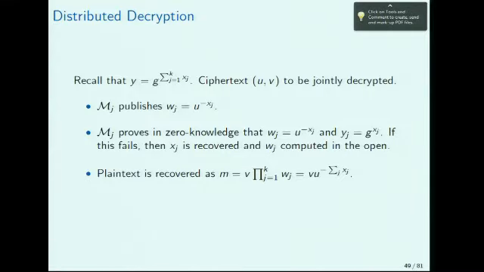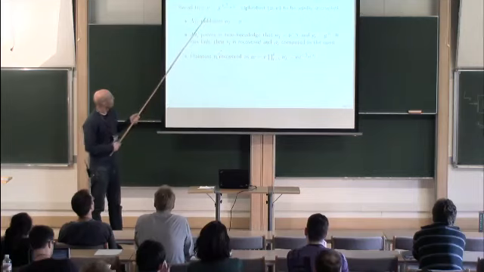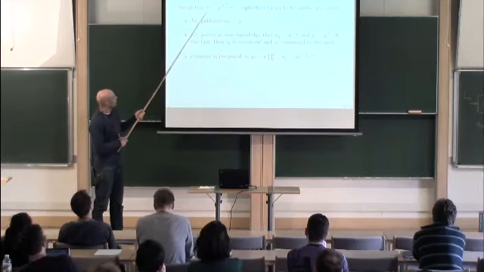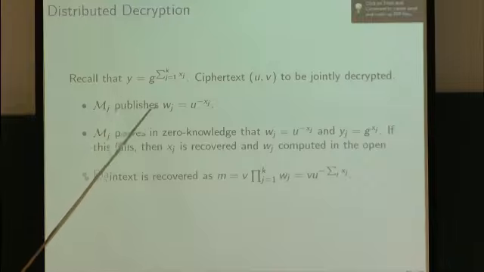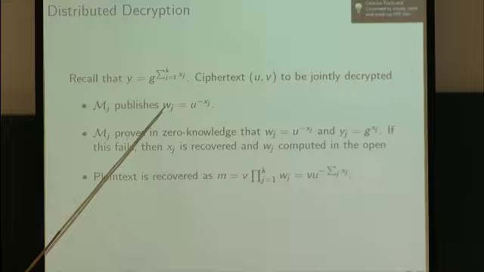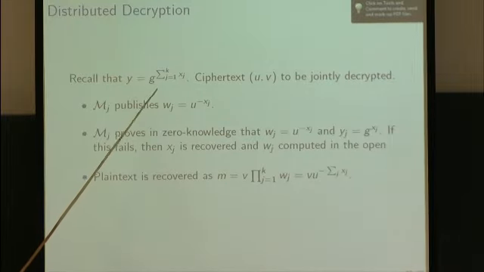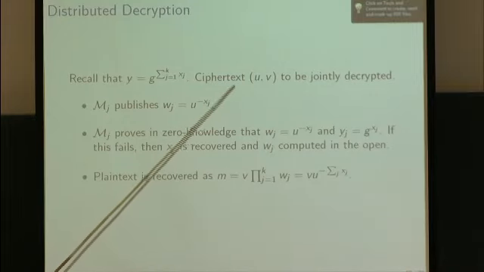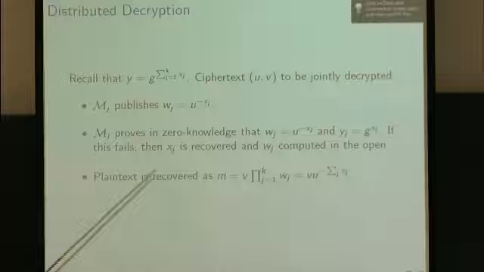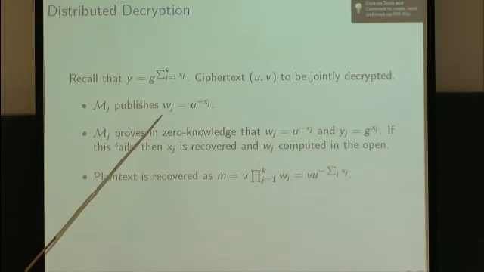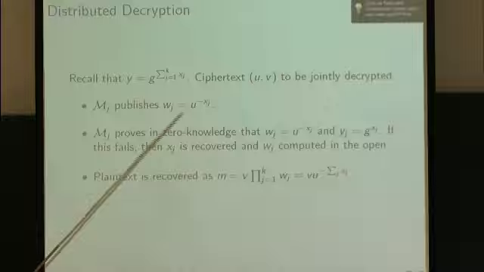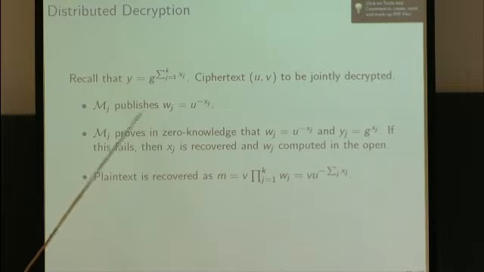The other thing we need is distributed decryption. So recall that we compute Y such that it is the product of all the individual public keys. So this means that we have this property, right? And then to decrypt a ciphertext, each party simply publishes this decryption value. They compute this using their secret key, and they get this decryption value.